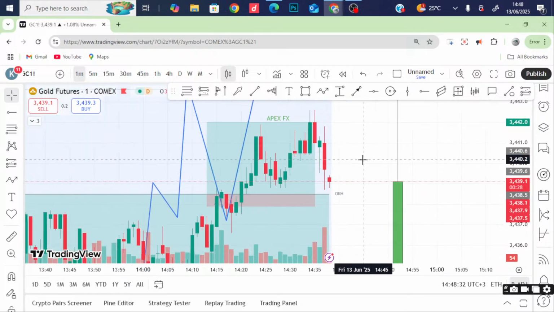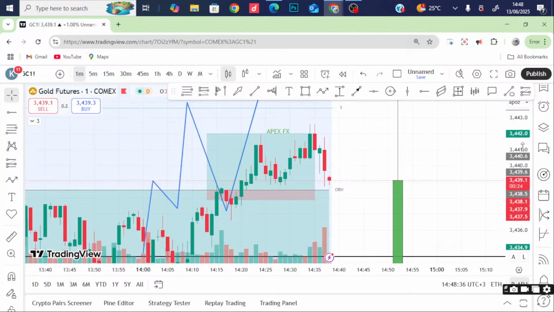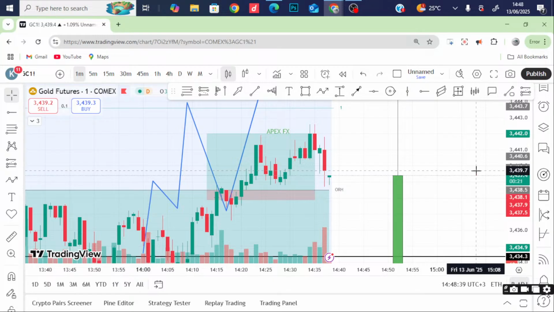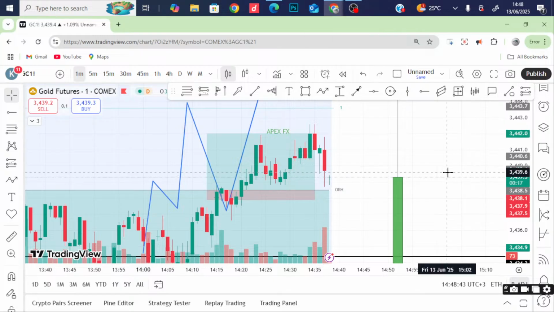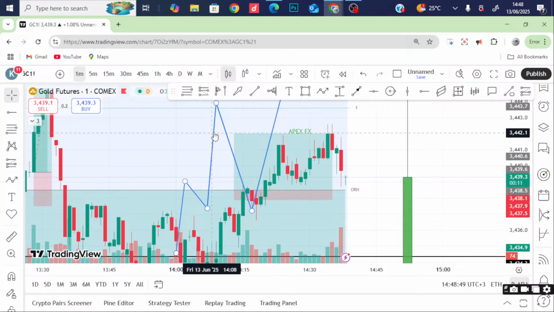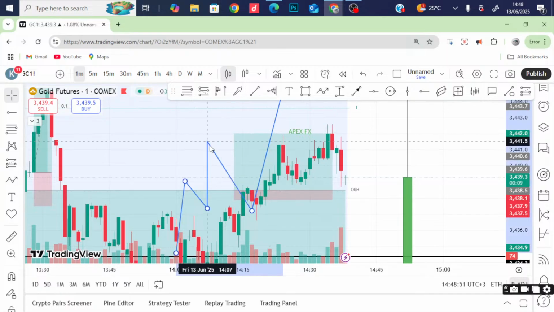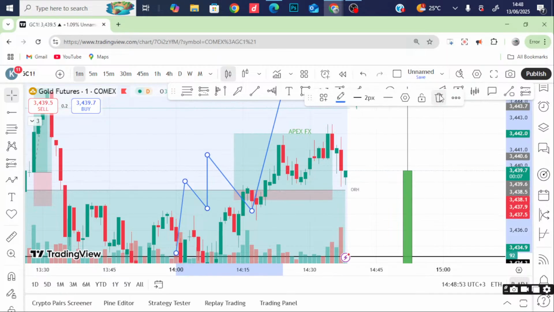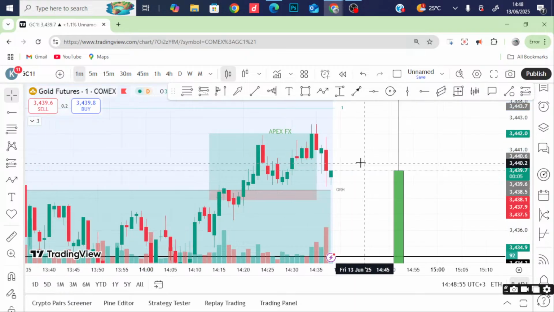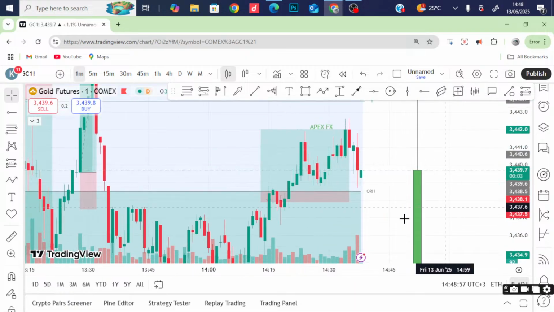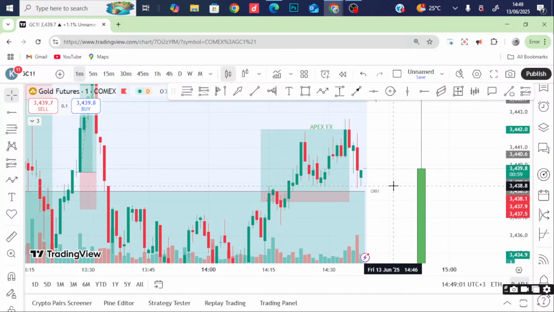This is the open range breakout. So we took our buy position from the open range high.